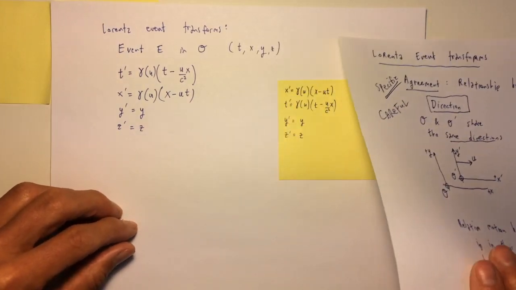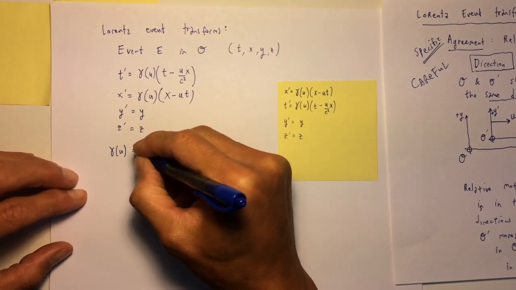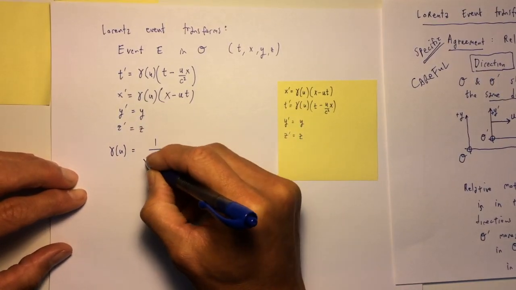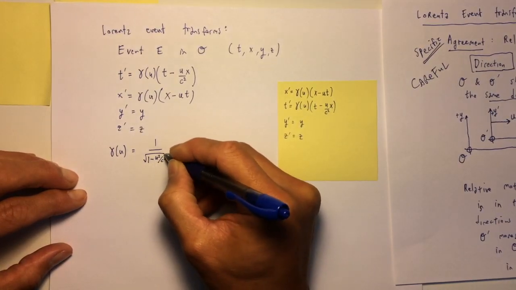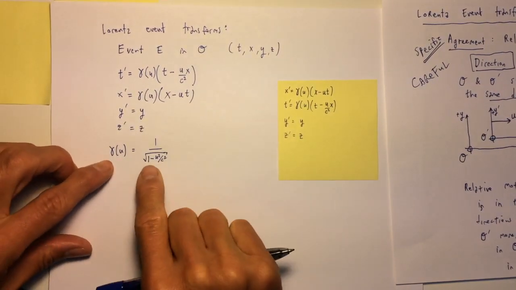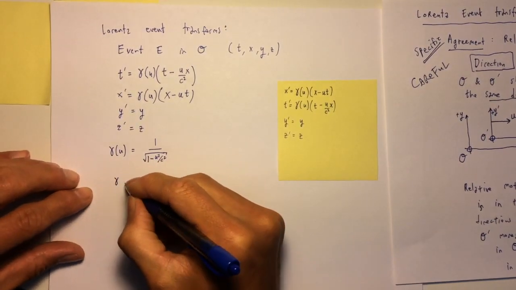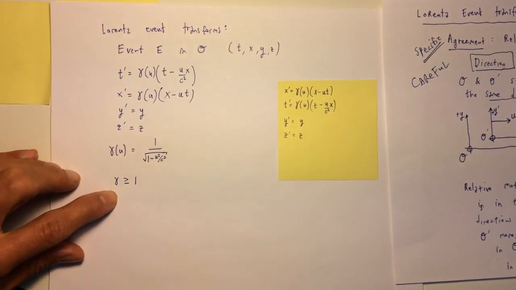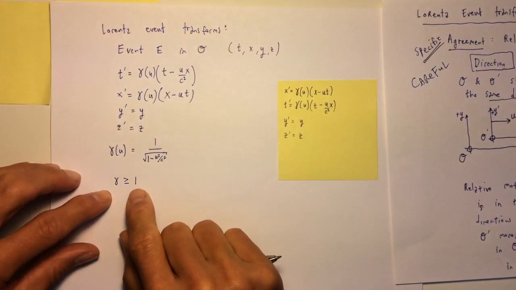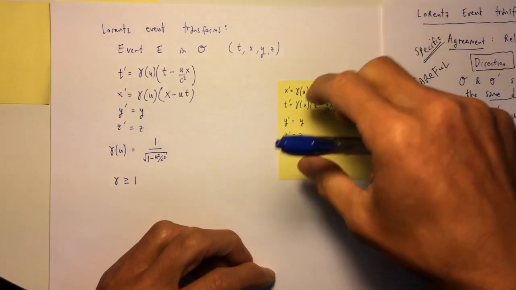Okay, so just a real quick reminder that gamma of u is equal to 1 over the square root of 1 minus u squared over c squared, like this. So there's the gamma of u. Some qualities to remember is gamma is always bigger than or equal to 1. It does not take negative values.